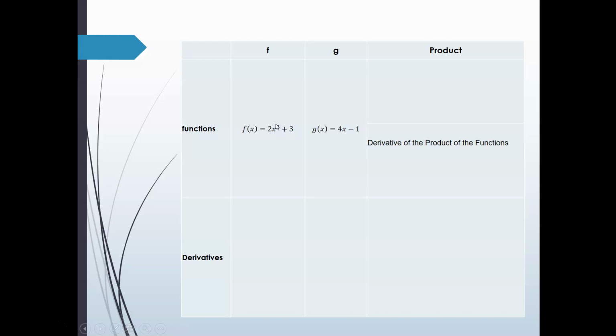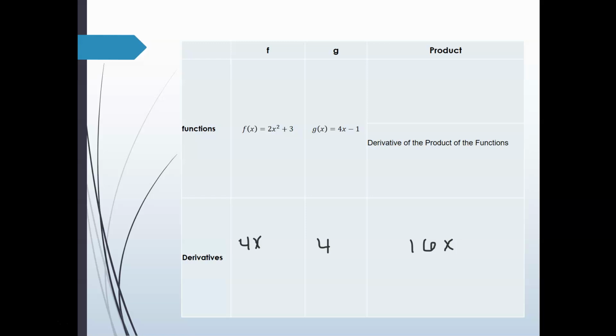So the derivative of f is 4x, and the derivative of g is 4. So 4 times 4x would give us 16x. That's the product of the derivatives multiplied together.